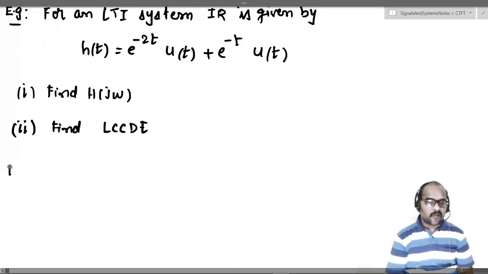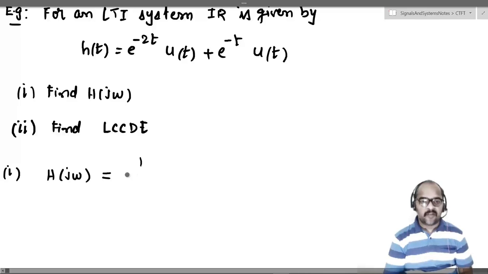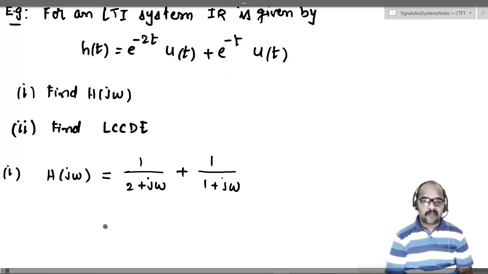How do you solve the first one? We want the frequency response of the system, which is nothing but the Fourier transform of h of t. H of j omega equals the Fourier transform of e power minus 2t u of t, which is 1 by 2 plus j omega, plus the Fourier transform of e power minus t u of t, which is 1 by 1 plus j omega.